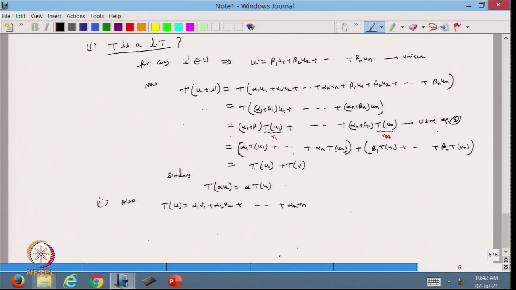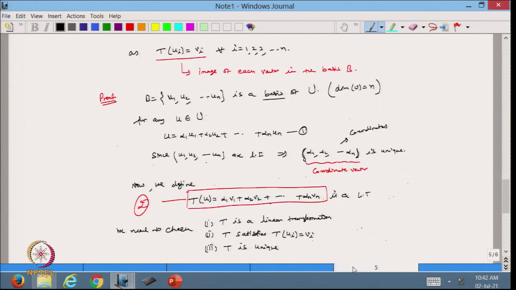So, this thing is there. Now, from here, how we are writing like this, I can show you that T of u 1 can be written as, now what is going to happen here? Now, we are defining this as T of u.